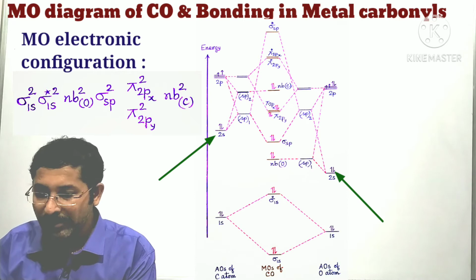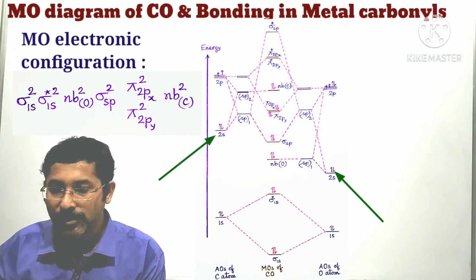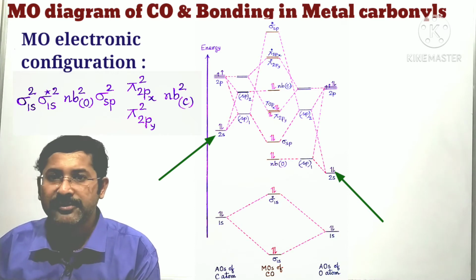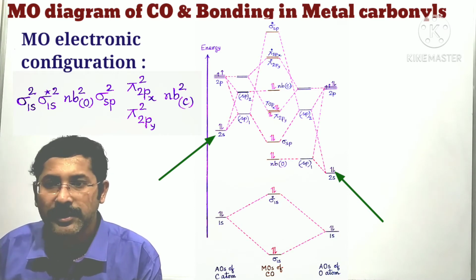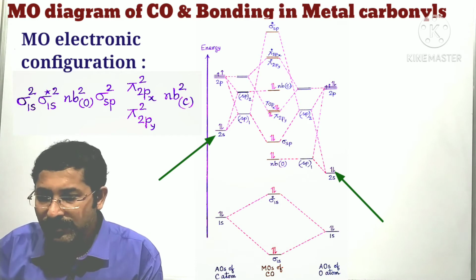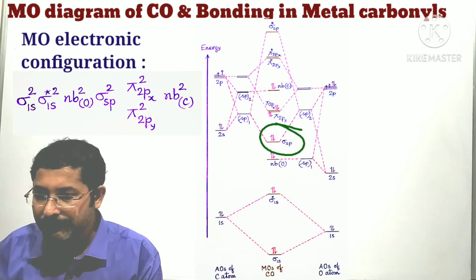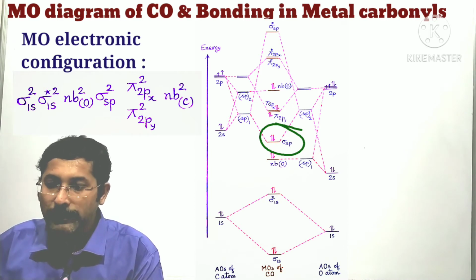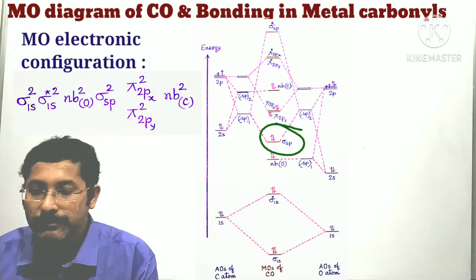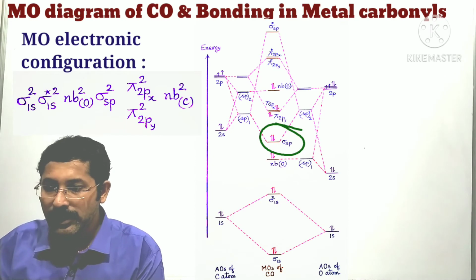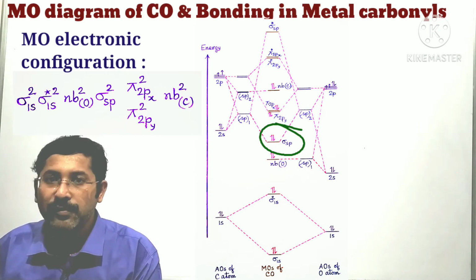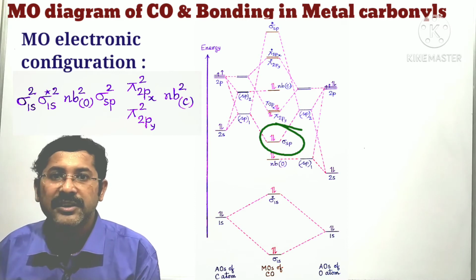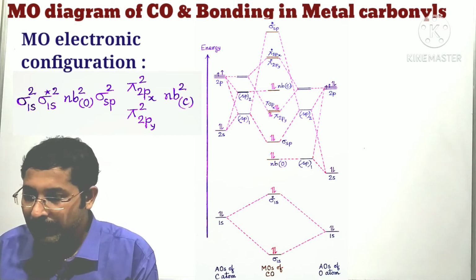Then this 2s orbital of oxygen and this 2s orbital of carbon would combine together to form sigma 2s and sigma star 2s, that is, bonding and anti-bonding orbitals. So this sigma sp2 orbital would then be present as an anti-bonding orbital. So to calculate the bond order of carbon monoxide, this sigma sp orbital is considered as an anti-bonding orbital.